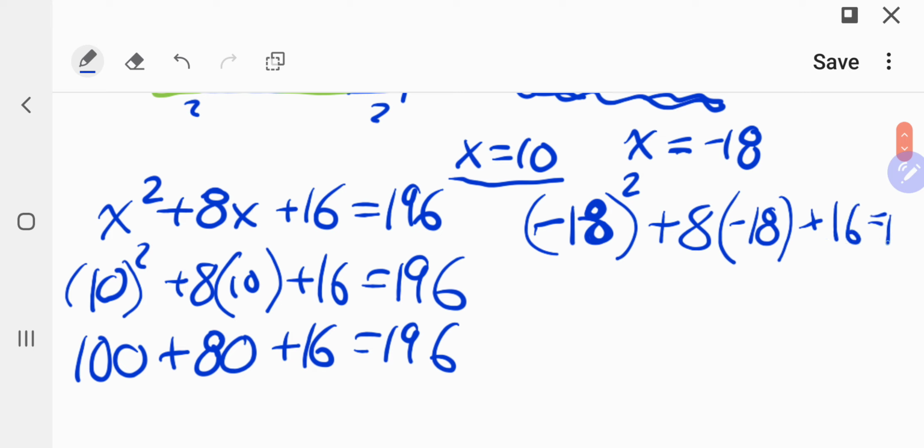Equals 196. All right. This is 324. This is negative 144, I think.